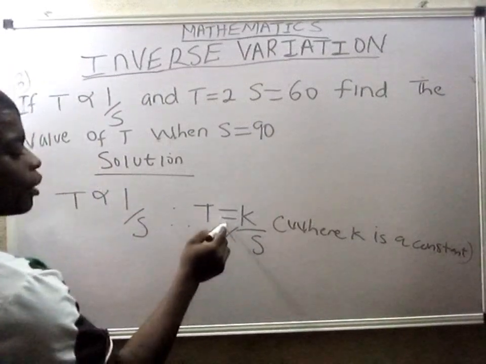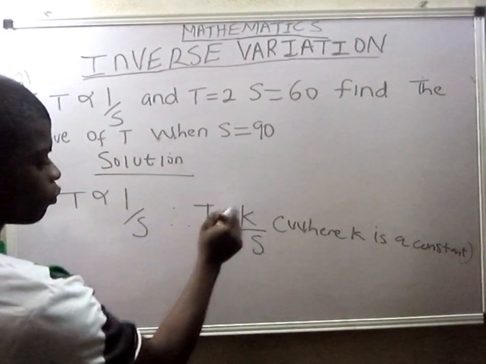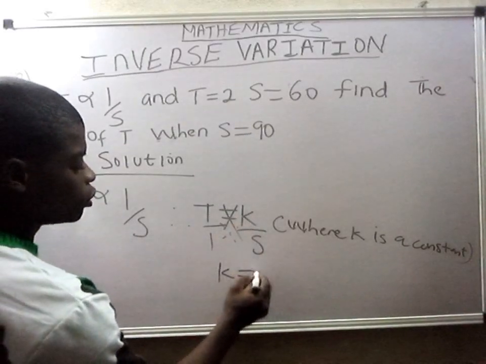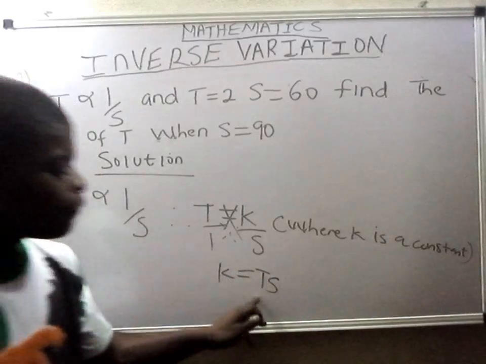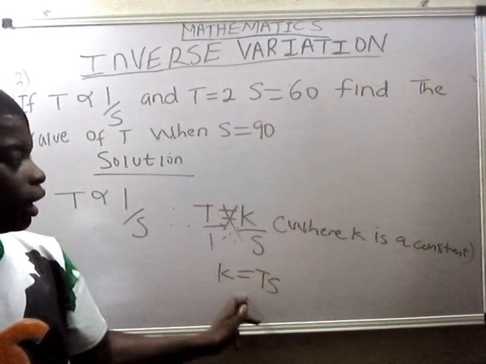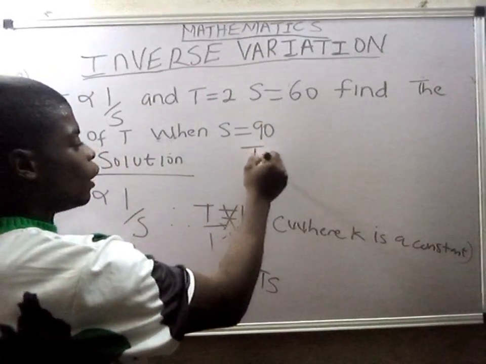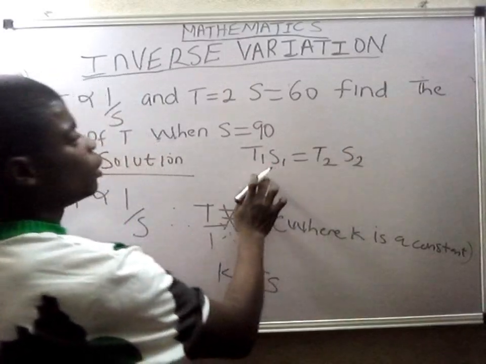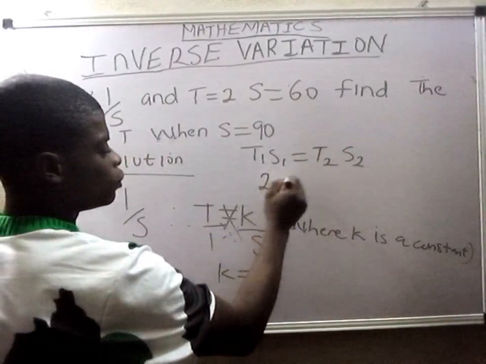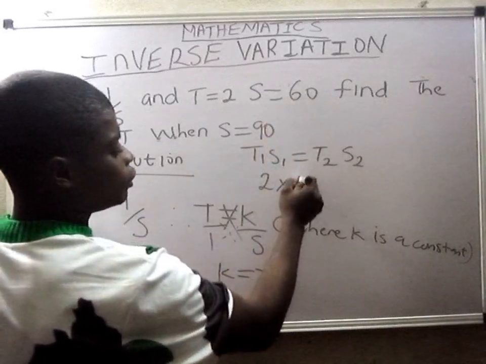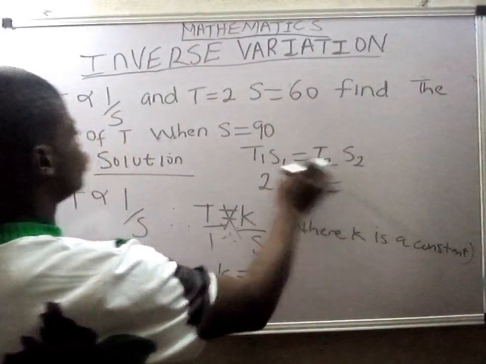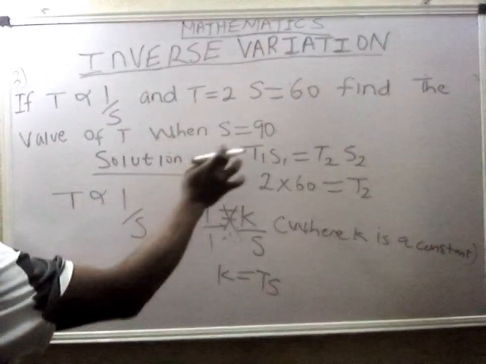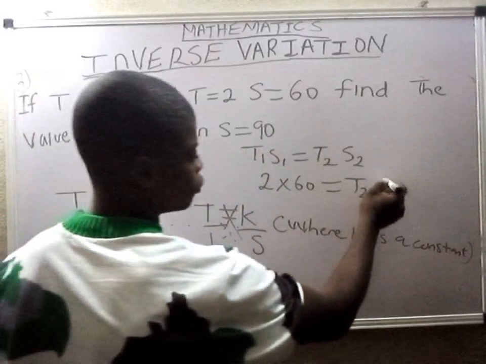Because we cross multiply, we can make k the subject of the formula. So k equals t s. We have two values for t and s. So we say that t1 s1 equals t2 s2. t1 is 2 times s1 60 equals, the value for t2 is unknown, while s2 is 90.